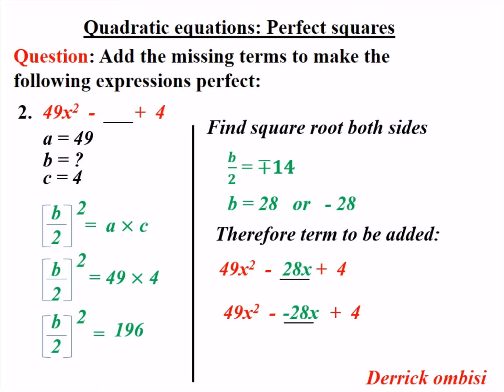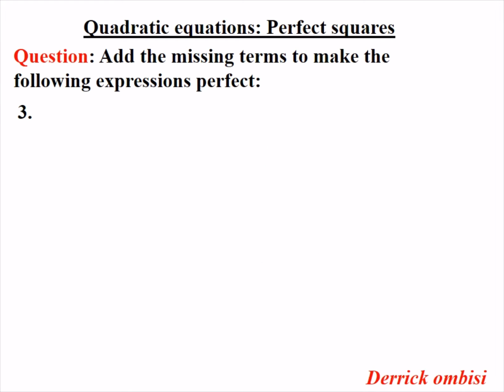We can also look at a third example. In this third example, you are presented with dash minus 18x plus 81. You are told to find what must be added here for it to be a perfect square.